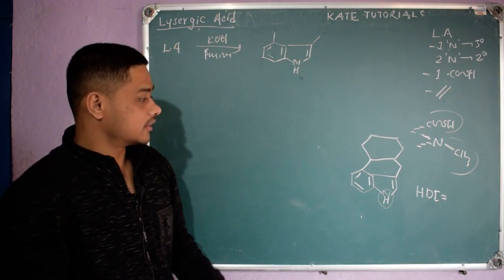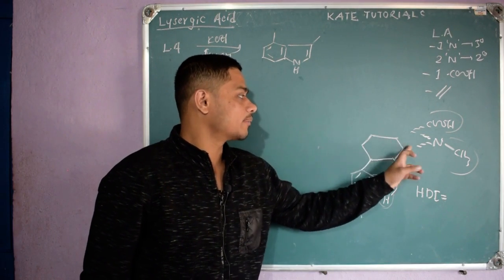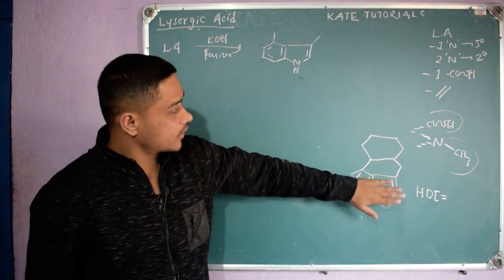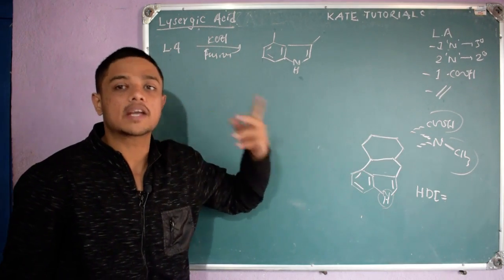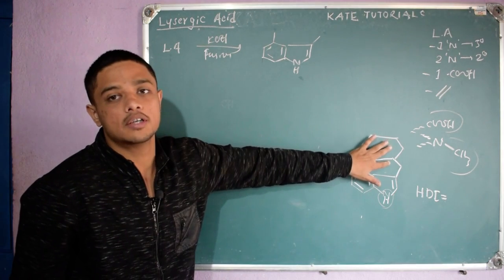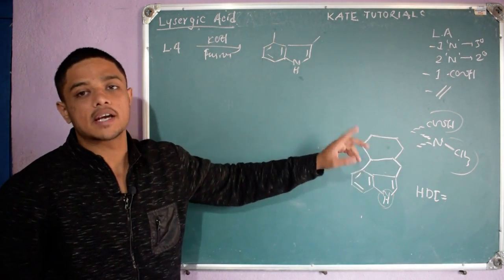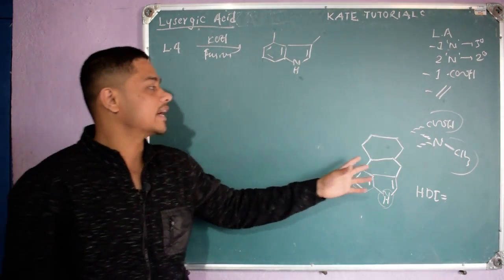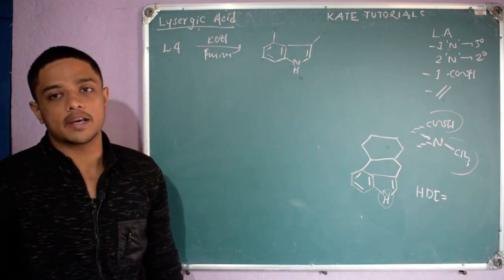From that we can tell whether a ring is there or a double bond is there based on the number of carbon remaining and the hydrogen, right? From the molecular formula, we can guess by our knowledge whether both are rings or not, because if you count the number of carbons and hydrogens, then we can arrange somehow, and we can have a rough idea that this lysergic acid will have this skeleton only.